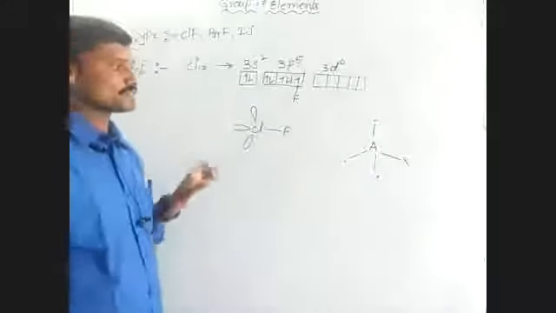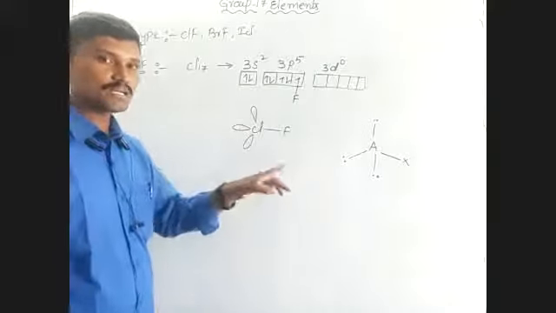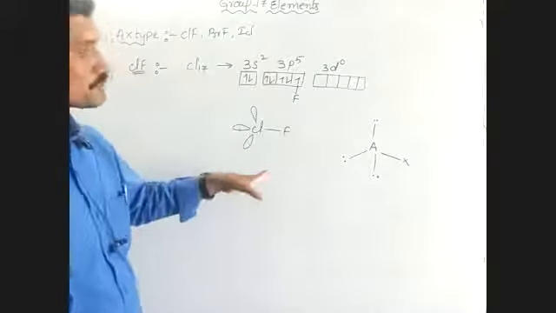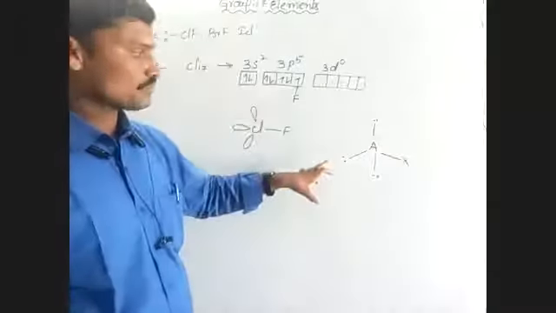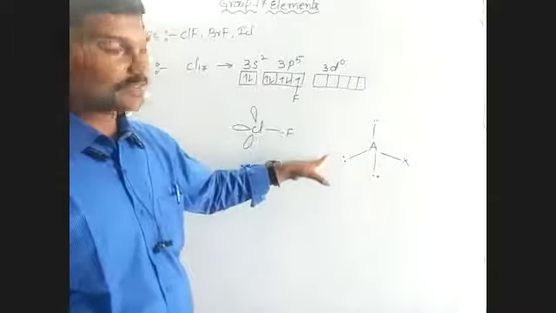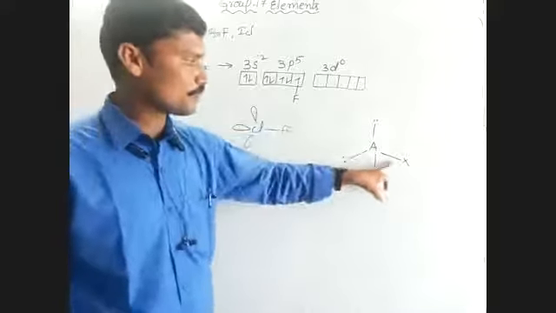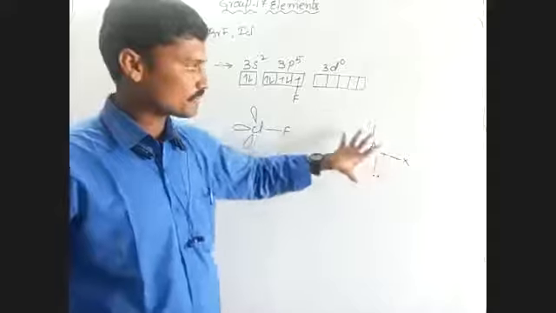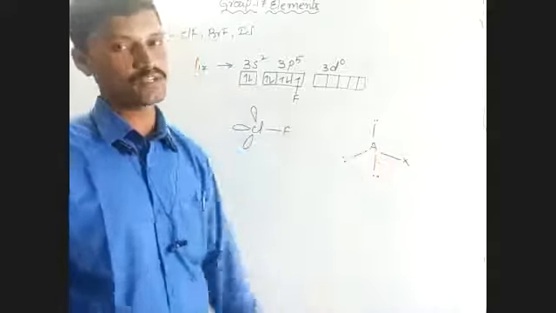What is the difference between geometry and shape? Geometry is based on the lone pairs and bond pairs together, so with 3 lone pairs and 1 bond pair, the geometry is tetrahedral.